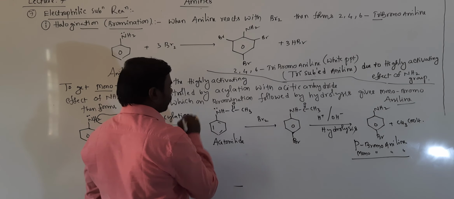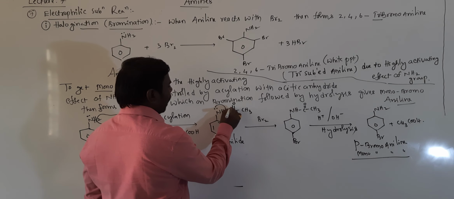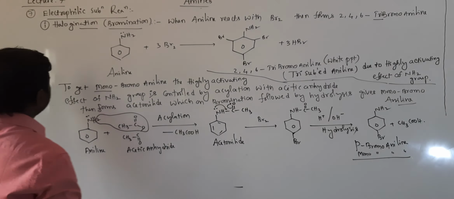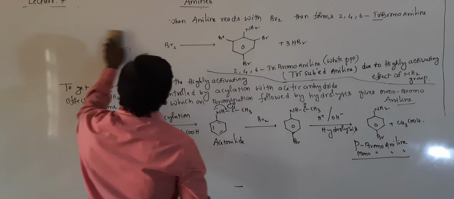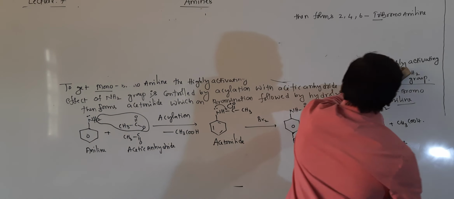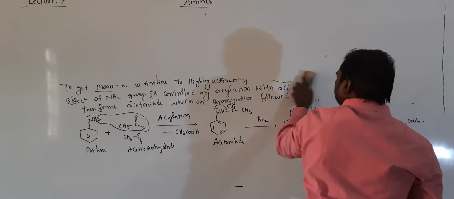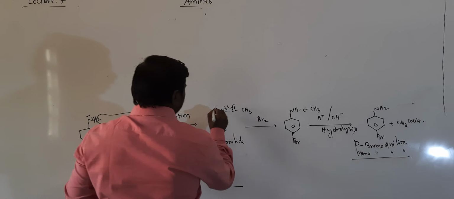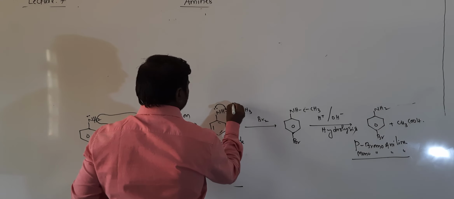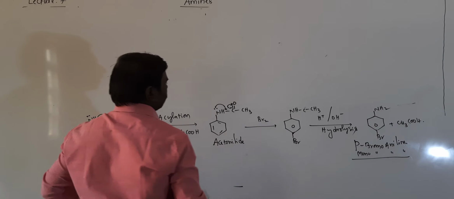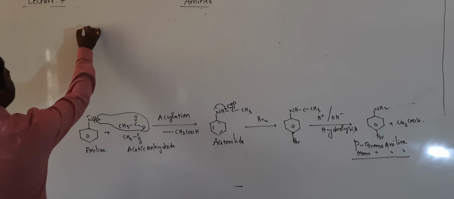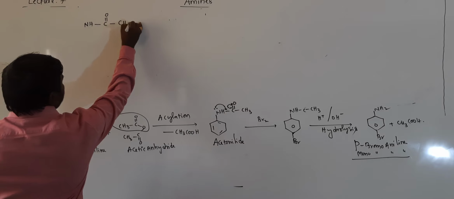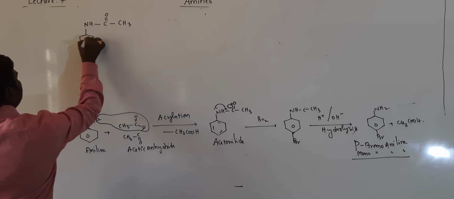So these two electrons are there. These two will be shifted and these two will be shifted here, right? What happened is, in the NH double bond O CH3, it is a ring, right?